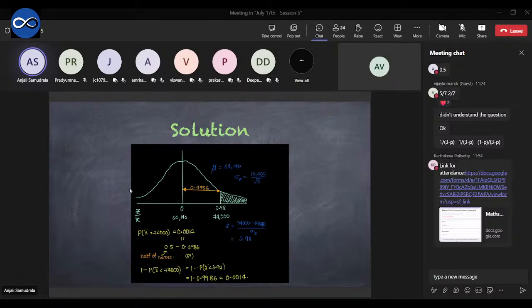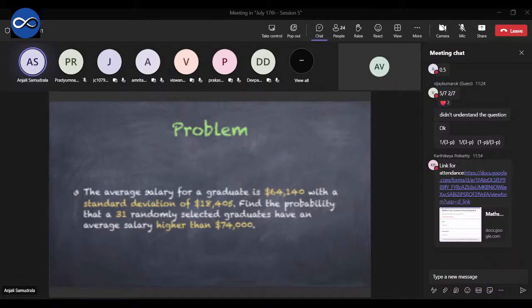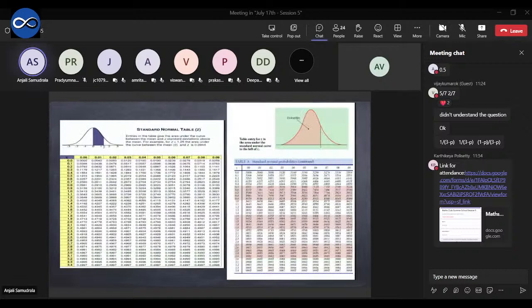Or you can also do it this way by using the left table. Since this half of the graph is 0.5, we take 0.5 minus 0.4986. You can see 2.98 in the left table also, and it is 0.4986.